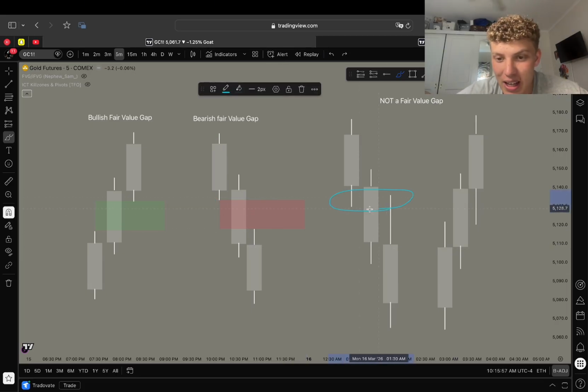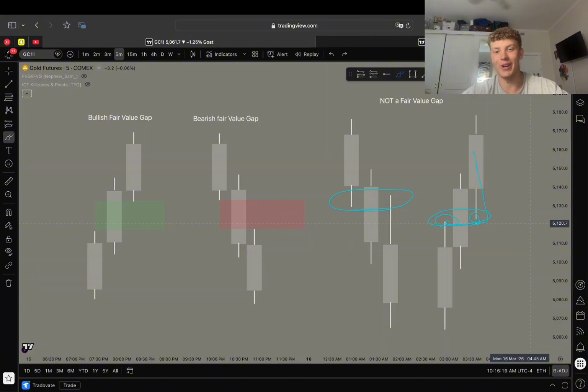As we can see here, these price ranges aren't in balance because we once traded into this price range. We traded into all of this. This candlestick was once up here before it closed, but then it went a little bit lower and closed here, like that. So that is fair value gaps. Very simple, very easy to explain.